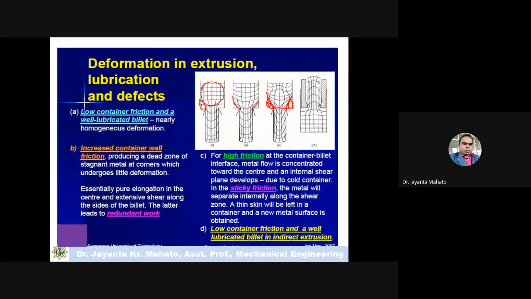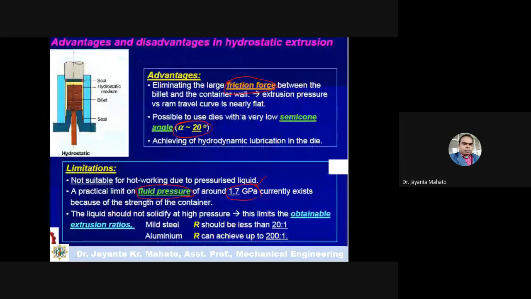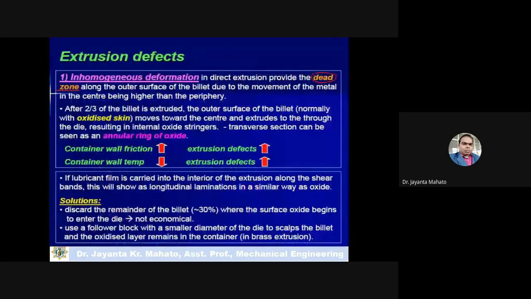Okay, so in the center, the flow of the material is higher, means the rate of flow is higher compared to the periphery. So what happened?